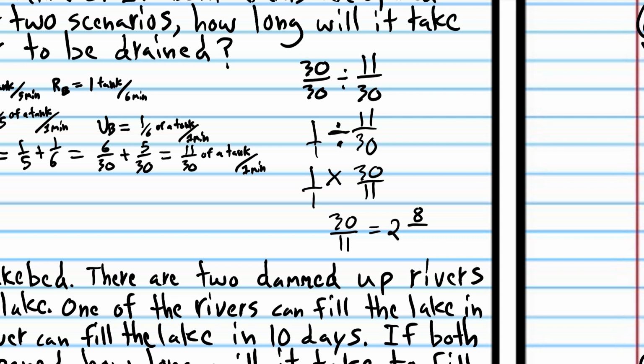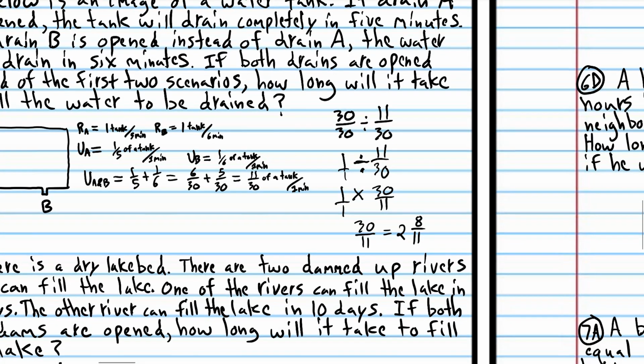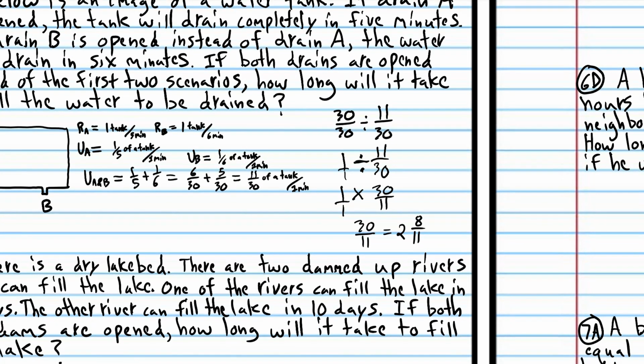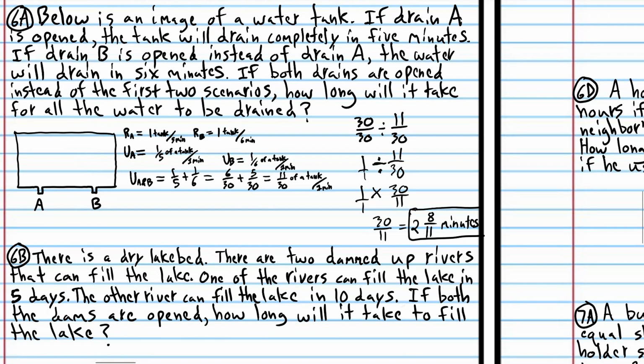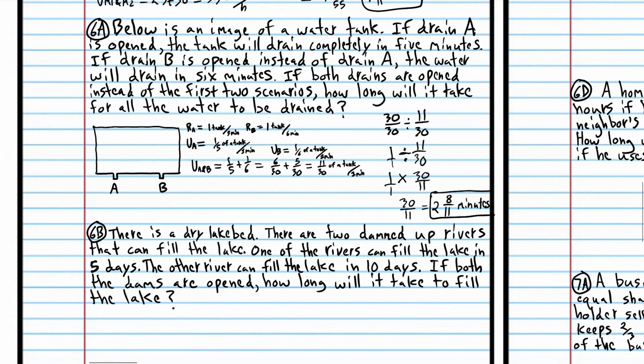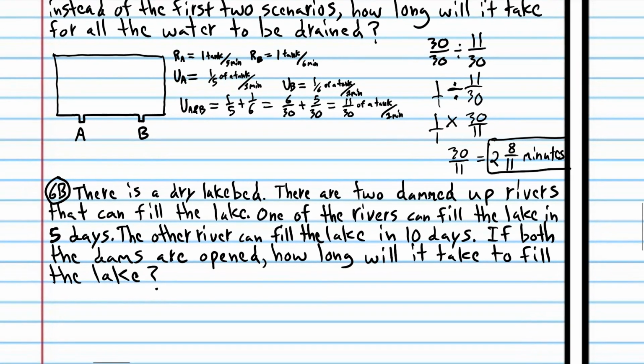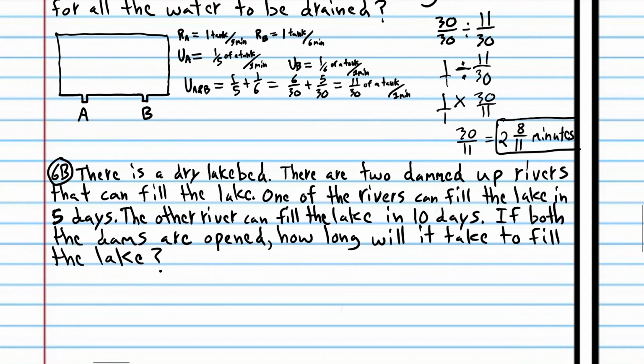That goes in the numerator, and the divisor stays in the denominator. We learned how to do that in previous classes. That's how you convert an improper fraction to a mixed number. If you want to review that stuff, you can go back to those classes, but we don't have time to do that now. So 2 and 8/11 minutes. That's how long it takes those 2 drains to completely empty the tank.